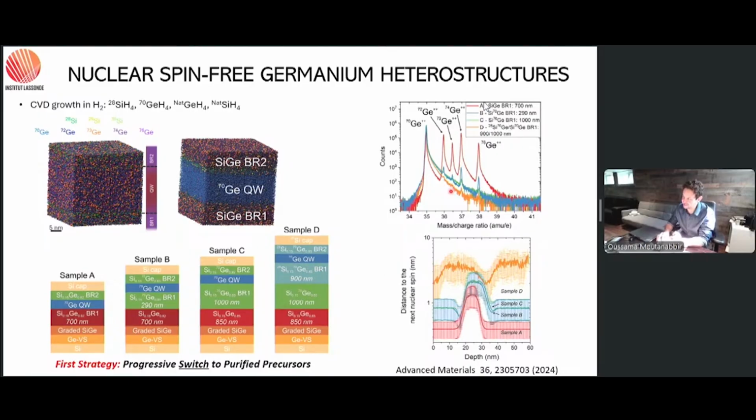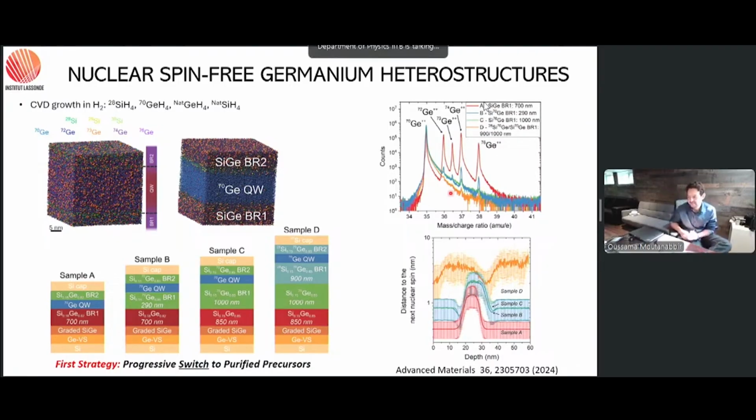You can see here that there is a slight bump, a significant amount of germanium-73, except that it's buried in the thermal tail of the stronger germanium-70 peak. But yes, even after 2 microns of growth, the reservoir effect is not suppressed.